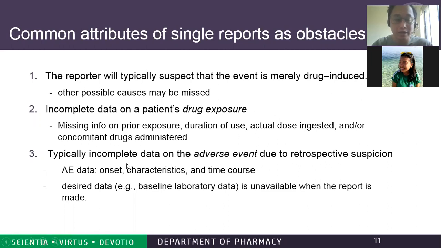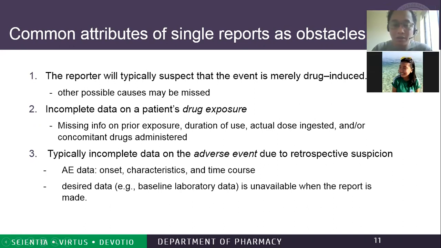And usually the patient's drug exposure is incomplete. Usually the data on the adverse event is incomplete due to retrospective suspicion. I mean, after the event occurs, then we suspect some previous exposures. It is logical, but before this exposure we do not have the data, so it is difficult.